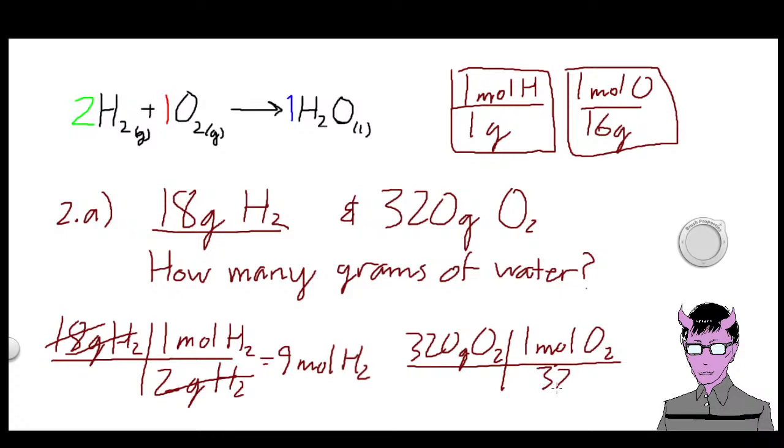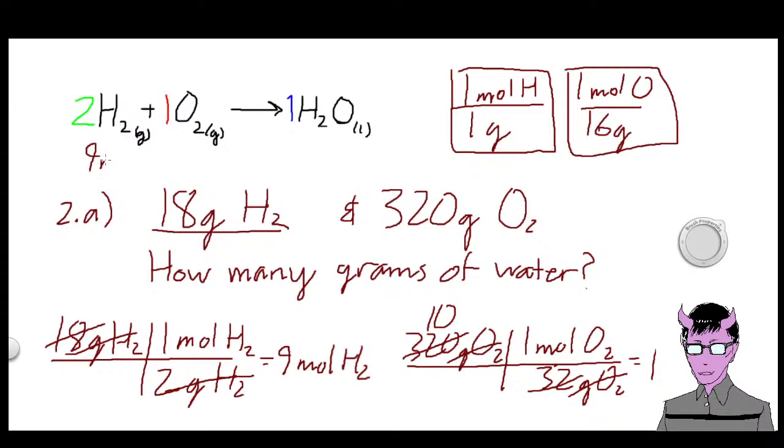So 32. And make sure you cancel things. Cancel, cancel. I picked 320 because it's a very nice number, of course. It's only 10. So we can say we have 10 moles worth of oxygen. So 10 moles O2. That is just getting us to the counting pieces.